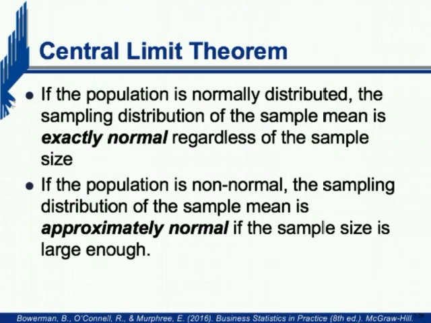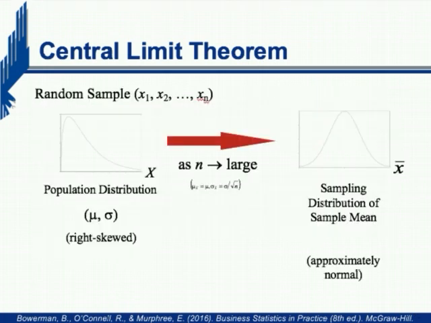Finally, if the population of x is not normally distributed and the sample size is not large enough, then it means that the graph of the sampling distribution of the sample mean is not normal, meaning the graph is not bell-shaped and it's also not symmetrical. So here is again the demonstration of the central limit theorem.